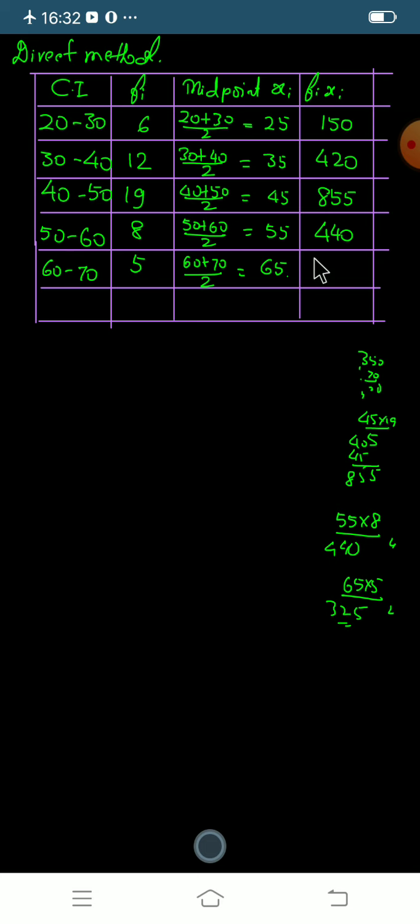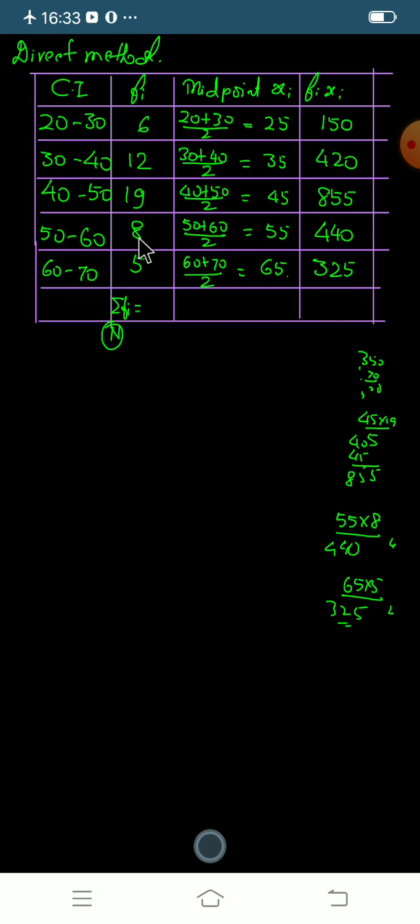Now what we have to do, but we don't know what is the sum of all these frequencies. We have to find the sum of summation fi. What is summation fi? Summation fi is also called n. Let it be n. So fi is 6 and 12, that is 18. 18 plus 19, how much? 37. 37 plus 8, how much?